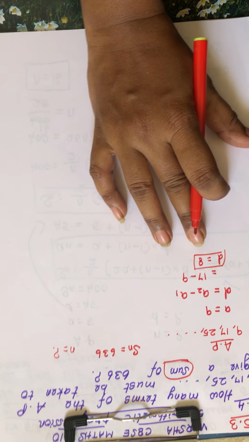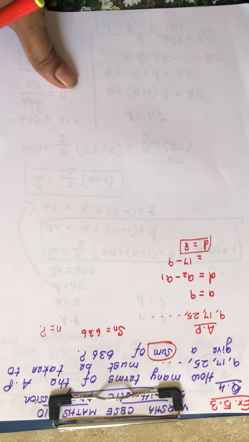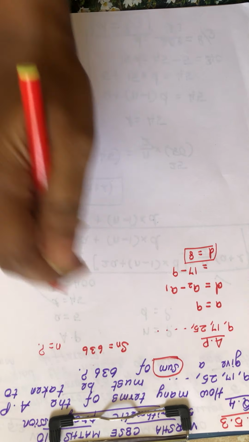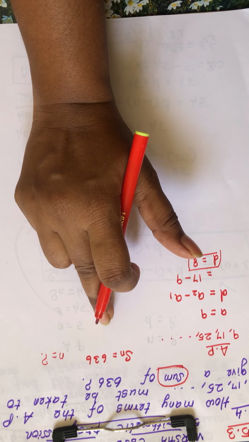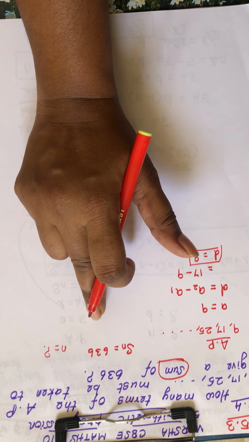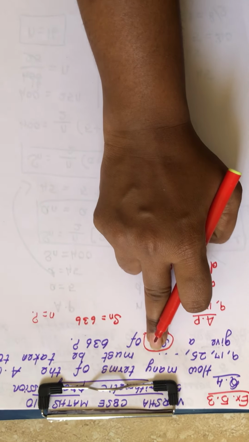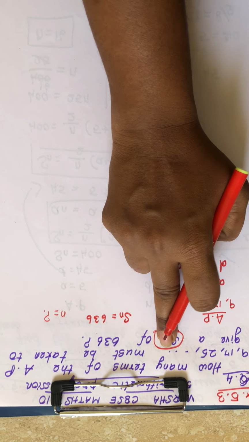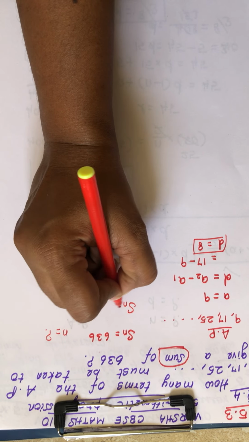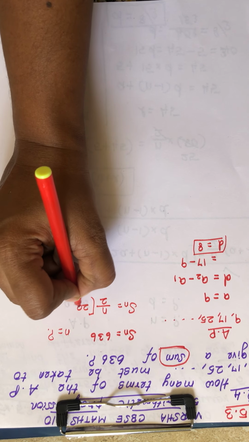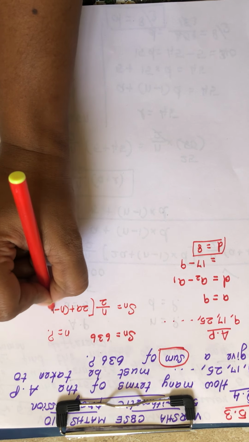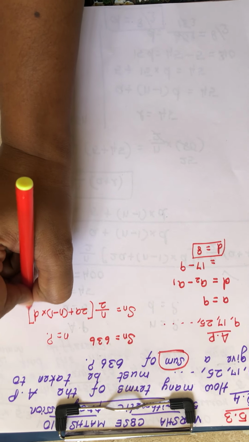Okay students, now let's go to the Sn formula. You have two formulas, but one formula contains the last term, and here there is no last term given, so you have to use the other formula. What is that? n by 2 into 2a plus n minus 1 into d.